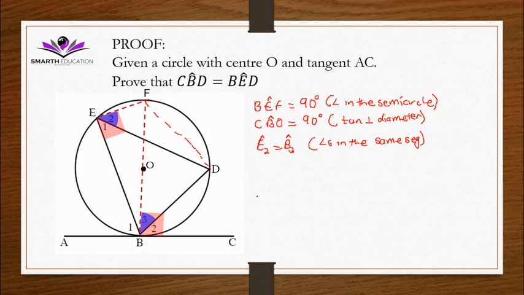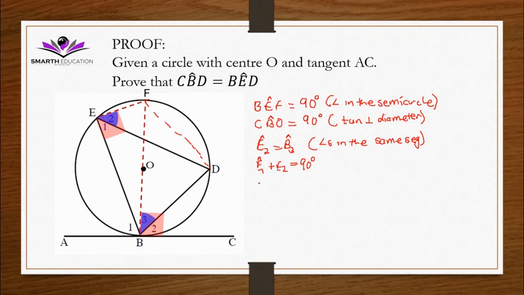Okay, right, and then what else do we have here? If we check, it means angle E1 plus angle E2. That is the whole angle BEF, isn't it? So angle E1 plus angle E2 is equal to 90 degrees, isn't it? We say that angle BEF is 90 degrees.